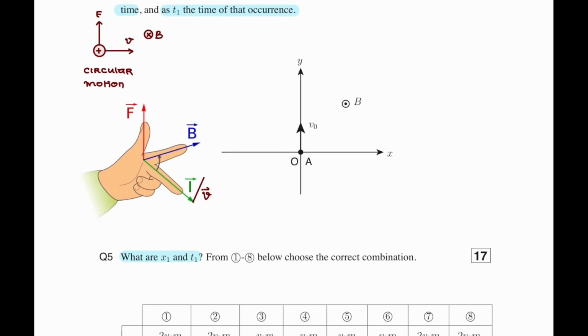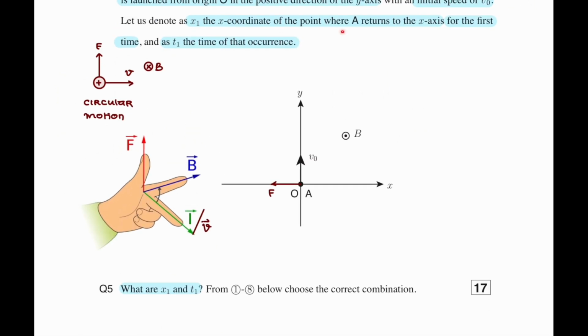So your F is going to the left. Like this is your F, the magnetic force. That means your object will move in circular motion in the anti-clockwise or counterclockwise direction. So your charged particle will return to the x-axis on the left side of its origin.